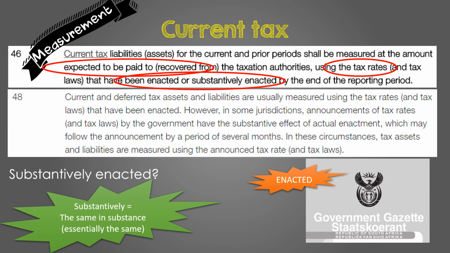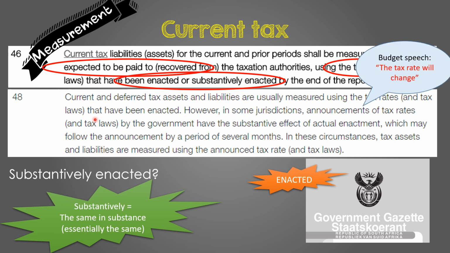So in paragraph 48, they give us some guidance on this substantively enacted. They say that, first of all, we will usually measure our current and deferred tax assets and liabilities using the tax rates that have been enacted. However, in some jurisdictions, announcements of tax rates and new tax laws by the government have the substantive effect of actual enactment.